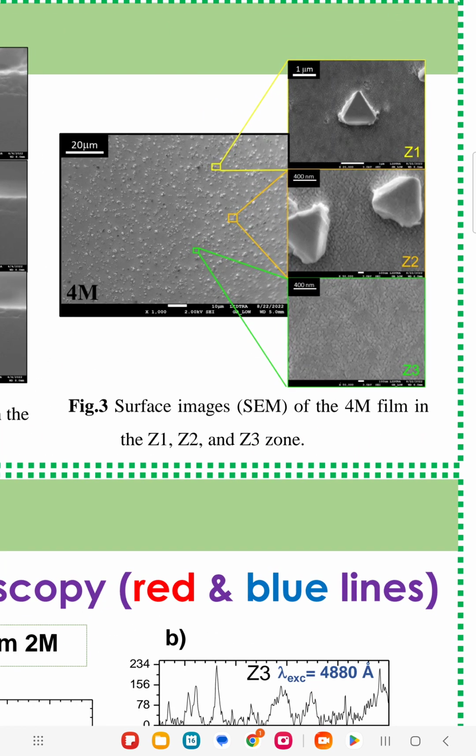We can see too that for the Z2 and Z3 zones, we have some kind of roughness in the surface, and the Z3 zone is a little bit smoother.